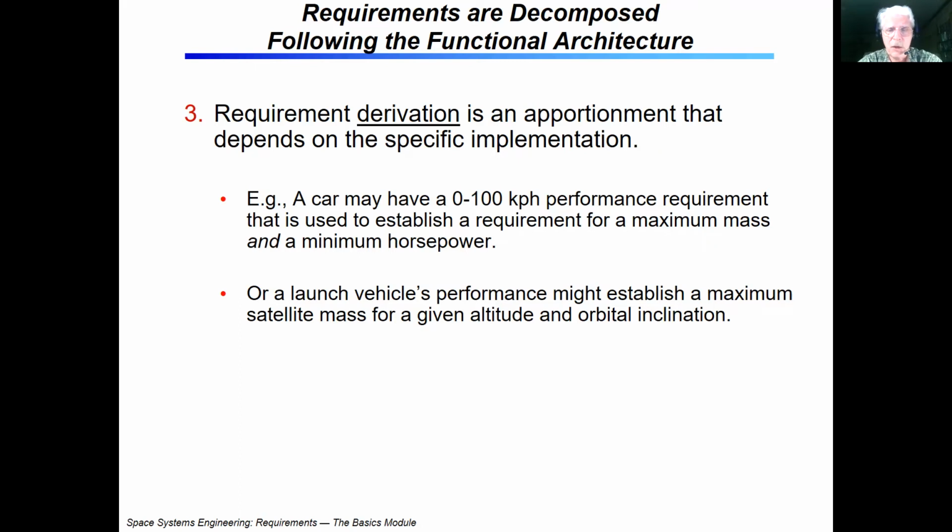Many times when we talk about system design, I will make the statement that your system design and your requirements go hand in hand. This is one of the reasons why: you start off with a requirement about measuring temperature as a function of altitude, but that has a derivation to subsystems, like what accuracy you'll need and how many times per minute you'll need to take a measurement. Those are all derived requirements from that fundamental requirement.